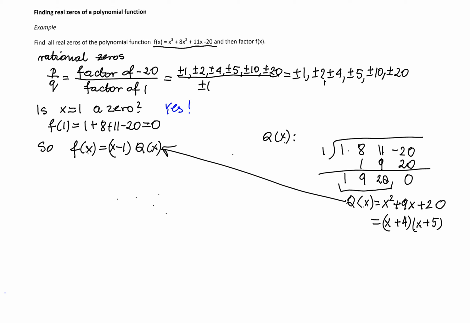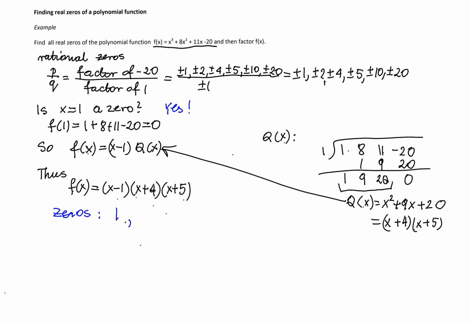Therefore, substituting q of x into my formula for f of x, we can obtain f of x as the product of x minus 1, x plus 4, and x plus 5. Since f of x is the product of the factors x minus c, each such factor produces a zero.